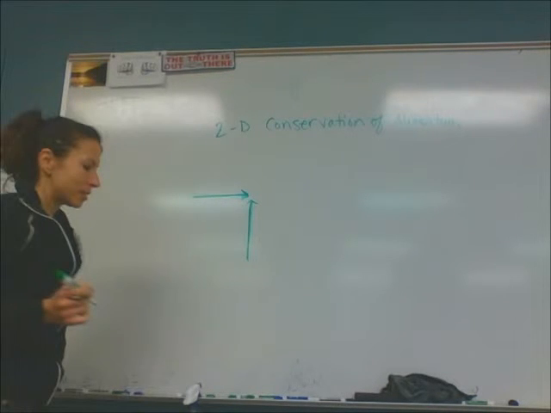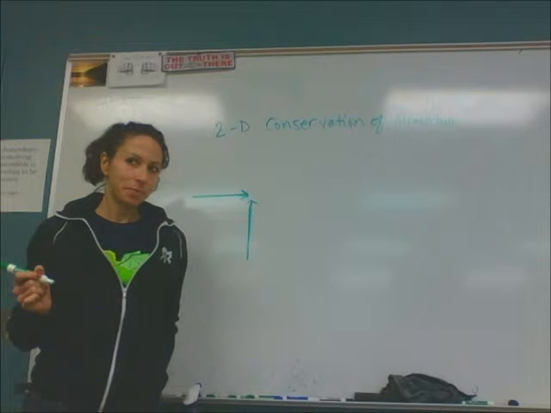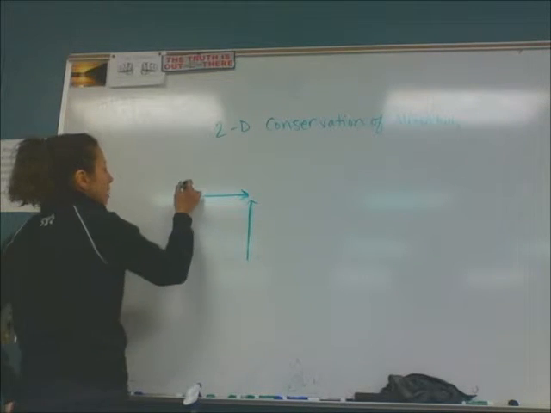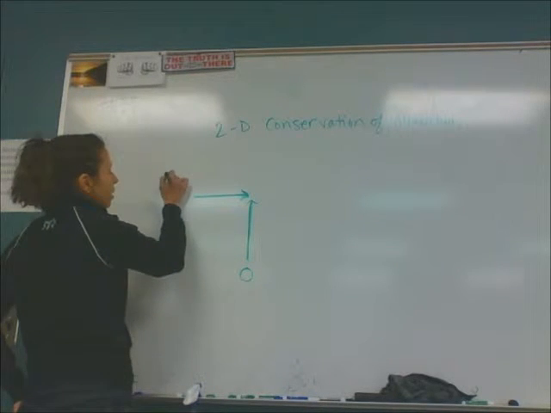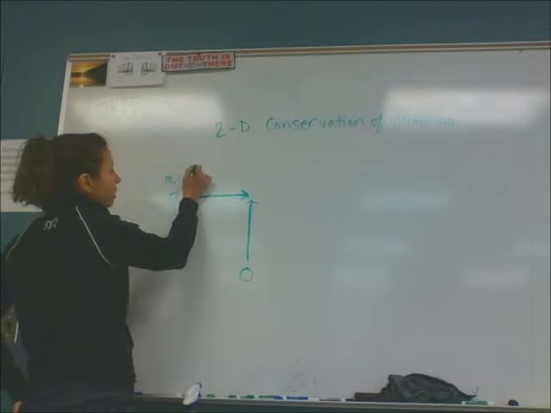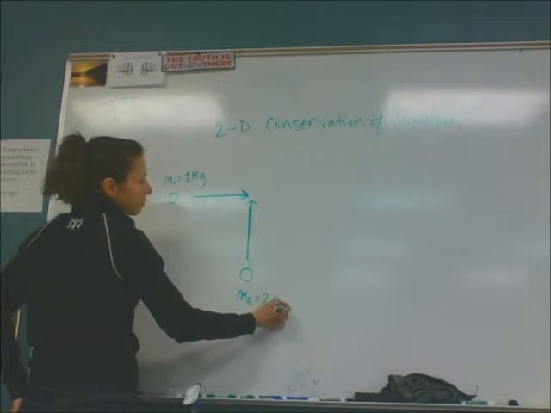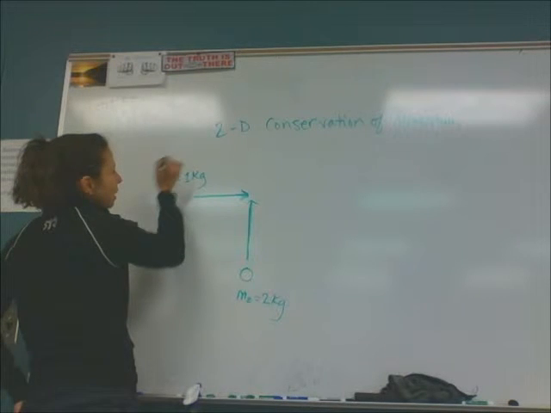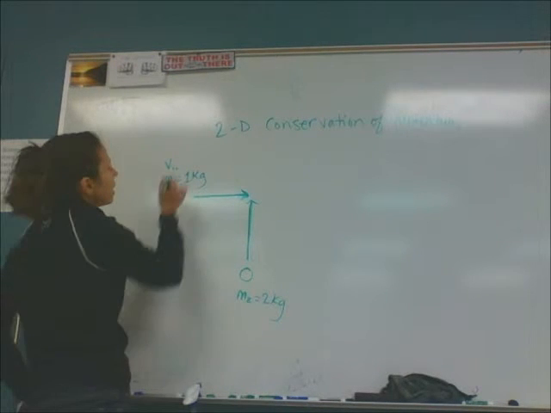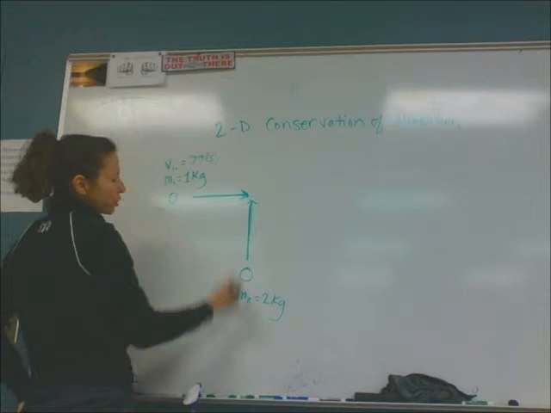Okay? So let's call this one object 1 and this one object 2. This one has a mass of 1 kilogram and this one has a mass of 2 kilograms. This one has an initial velocity of 7 meters per second in the x direction, and this one has an initial velocity of 4 meters per second in the y direction.